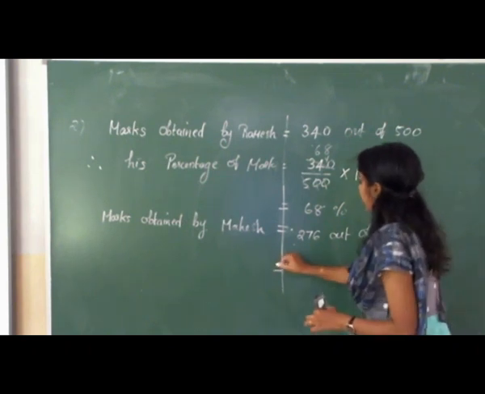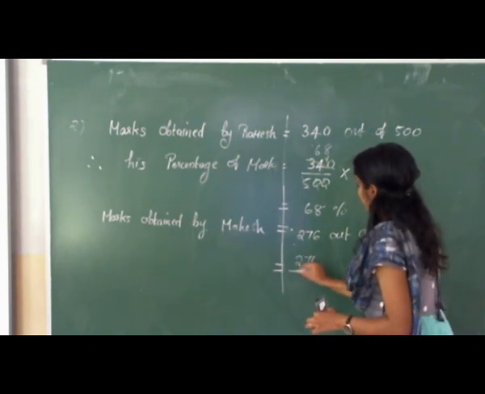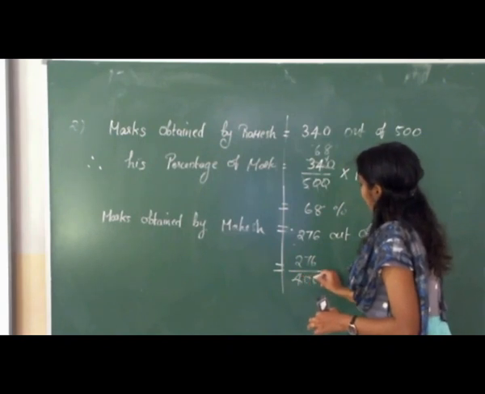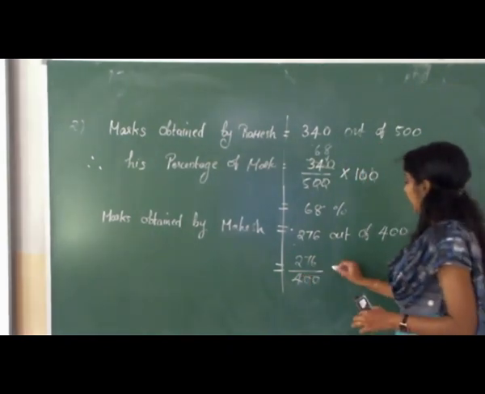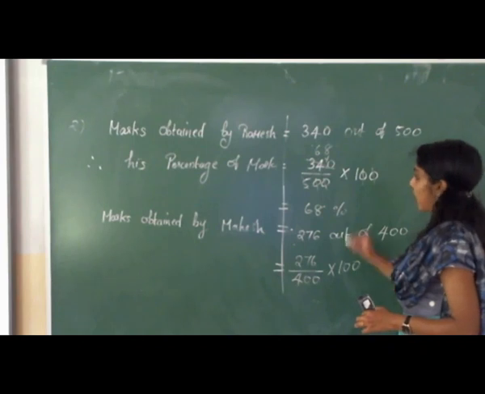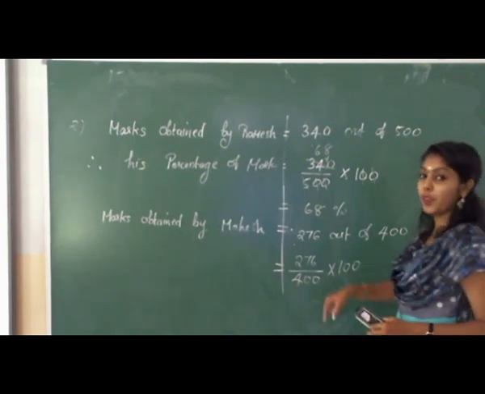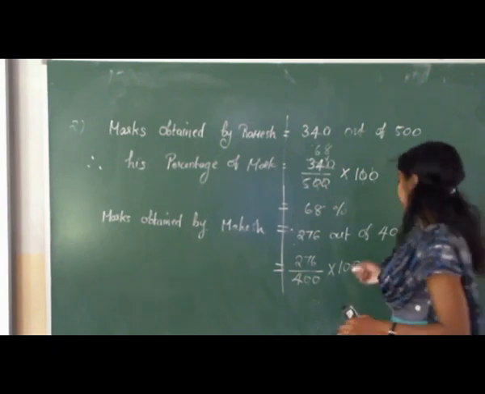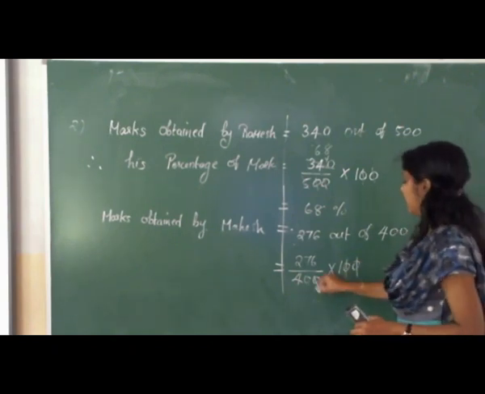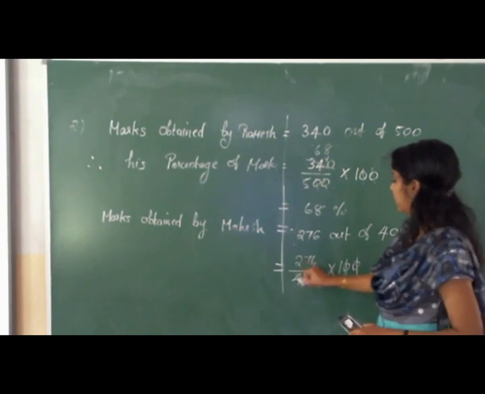Convert into fraction, 276 by 400. Then into 100 because they are asking the percentage. You know how to convert the given fraction into percentage, isn't it? Into 100. Cutting method.